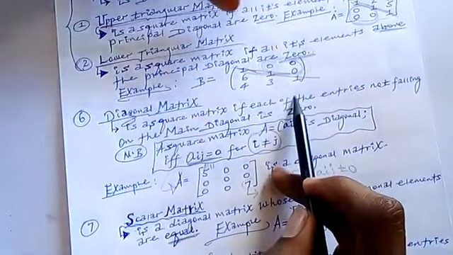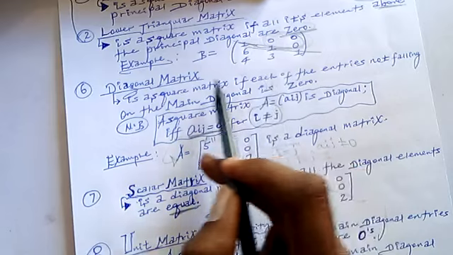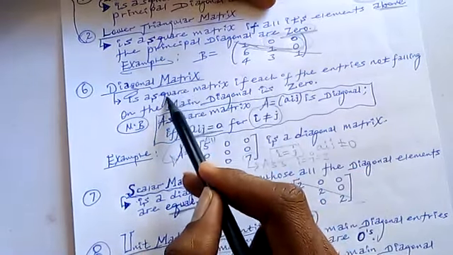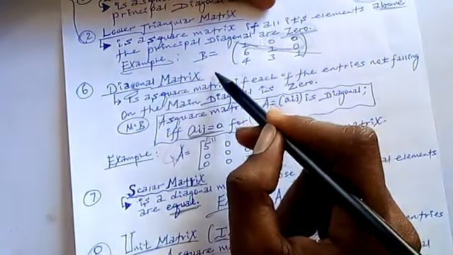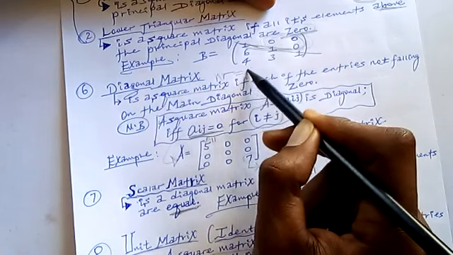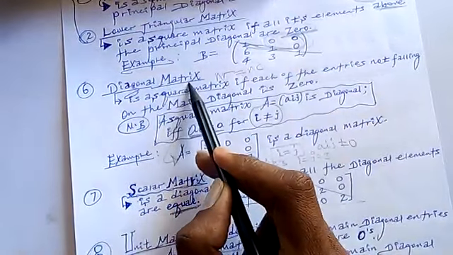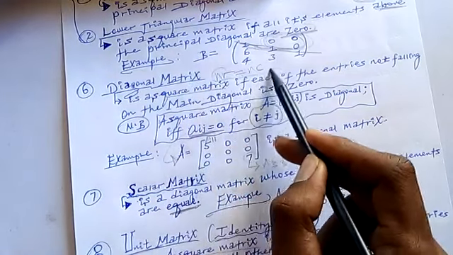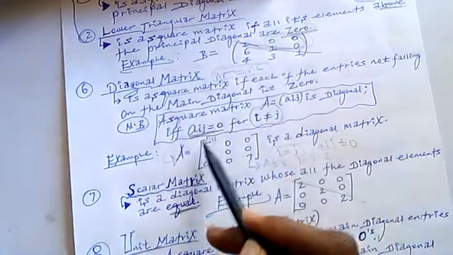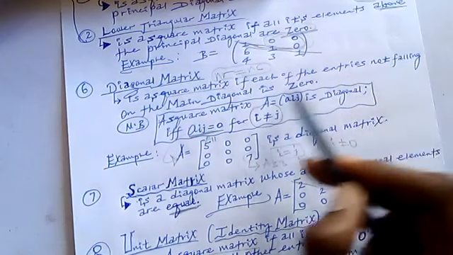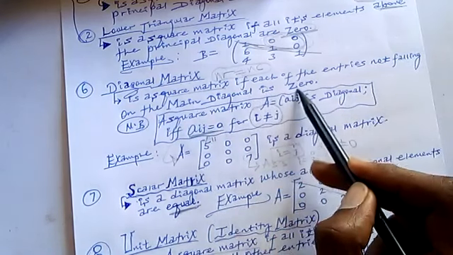The sixth type of matrix is the so-called diagonal matrix. A diagonal matrix is a square matrix because its number of rows is equal to its number of columns, and each of the entries not falling on the main diagonal is 0.